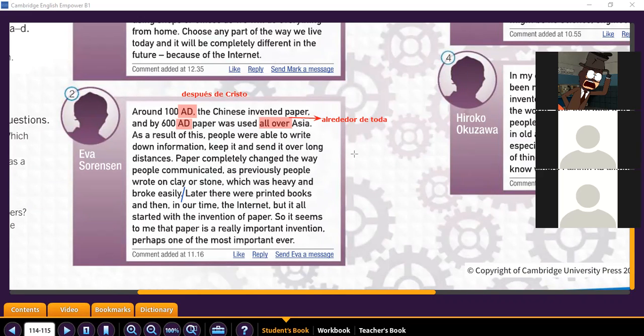That would be the meaning of this word we have right here. We have clay and we have stone. El uno significaría piedra y clay que significa barro o arcilla, ¿no?